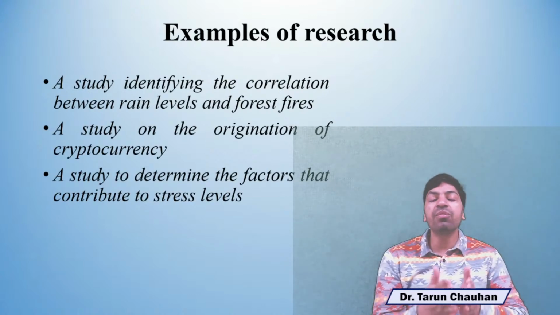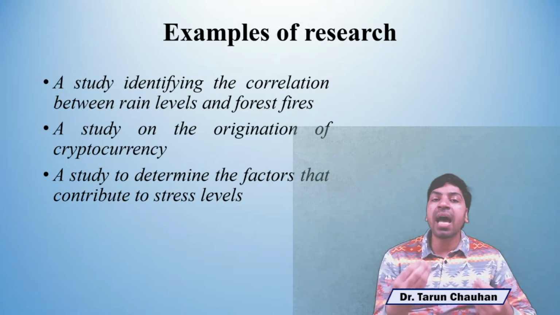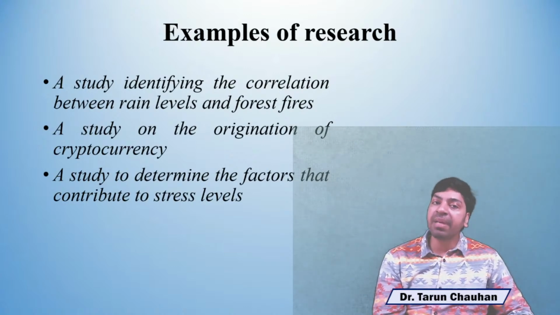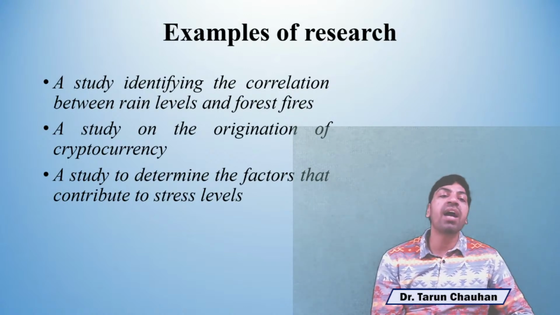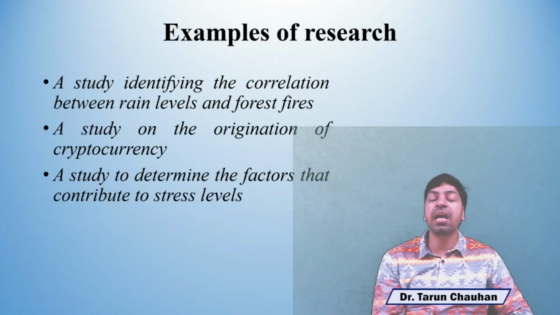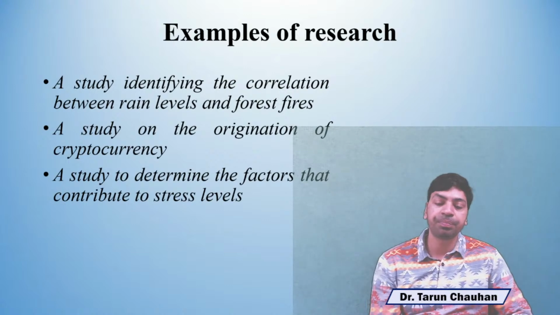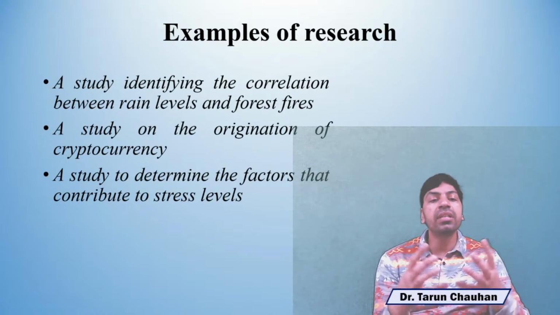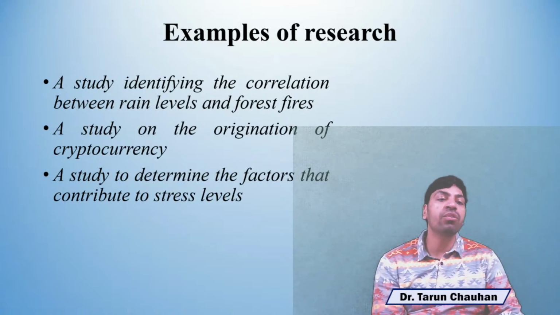Once you get to know the main concern or issue, a study can be conducted on it. Another is a study on the origination of cryptocurrency, and a study to determine the factors that contribute to the stress levels of an individual. These are research concerns on social issues for which a research study could be conducted.